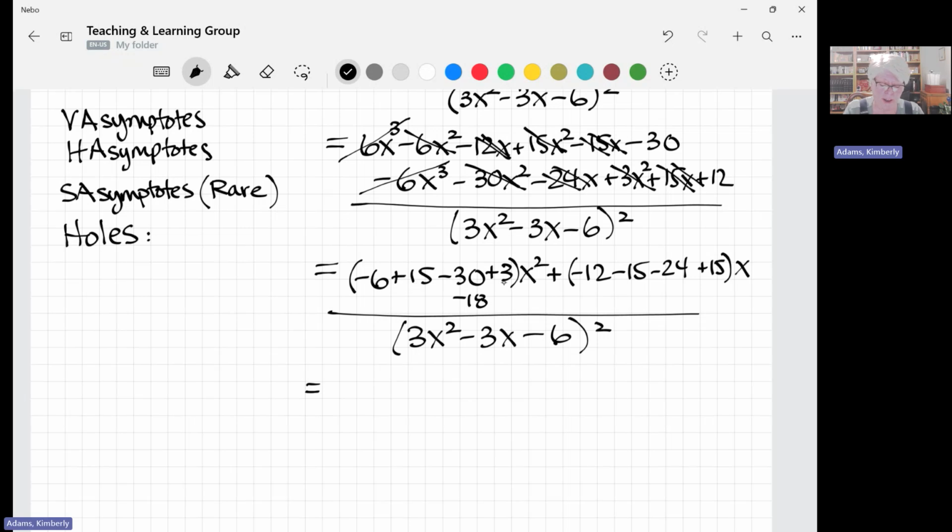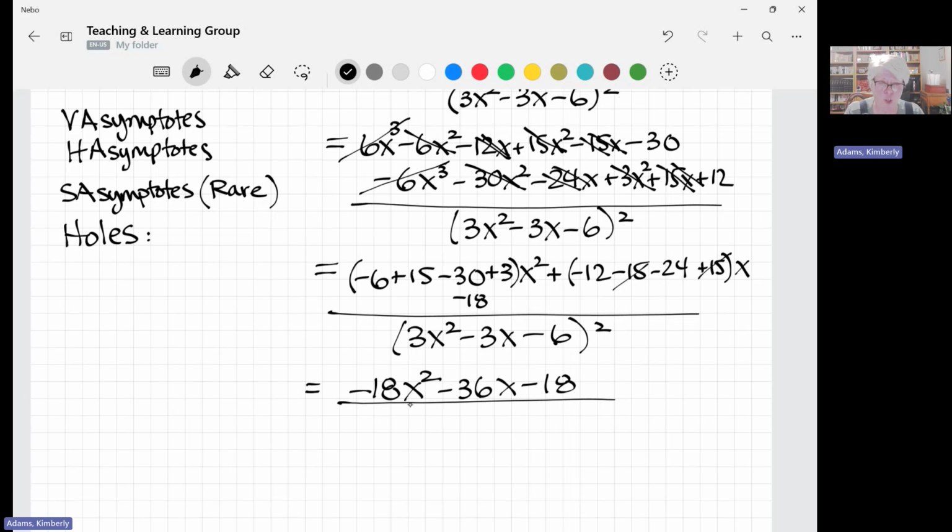Okay, so I have 15 and 3 is 18. Minus 30 is negative 12. So this is minus 18x squared minus 36x minus 18, all over... And now I'm going to factor this denominator because I'm in hopes that something good will actually happen.